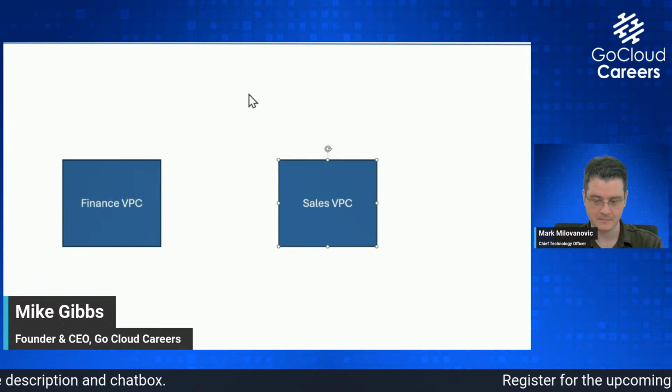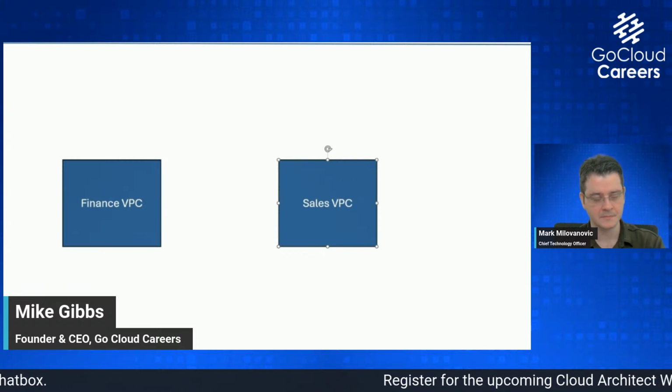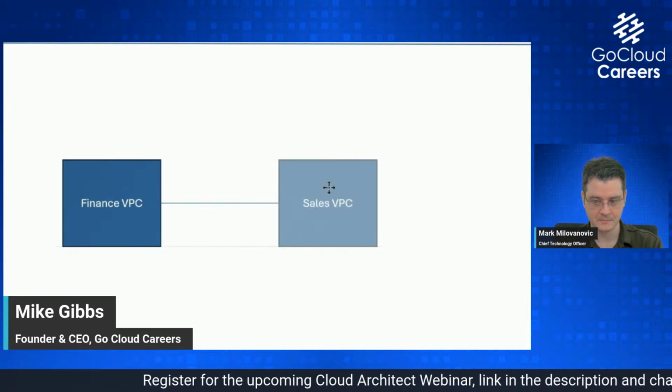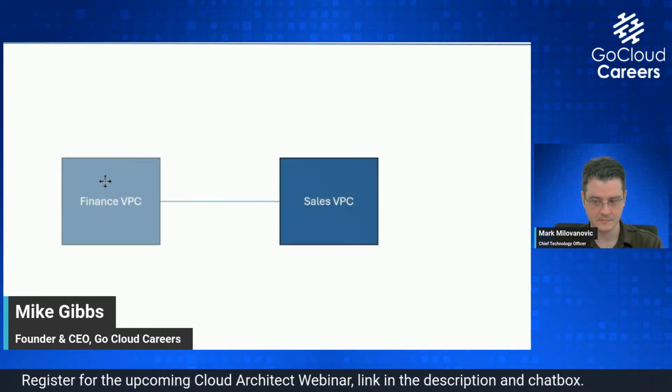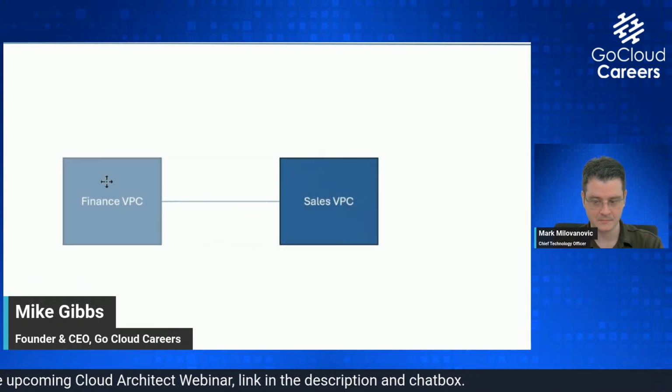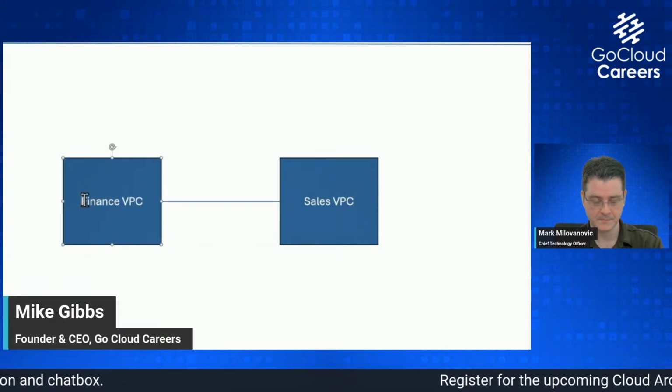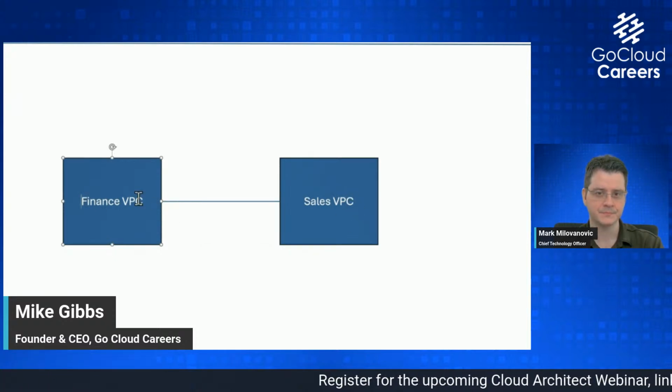Pretty secure, huh? Now, all of a sudden, I enable VPC peering between them. And now whatever information I allow between the sales VPC and the finance VPC can be shared among them. If I get this wrong, people in sales can access everything in finance. If I get it wrong, people in finance can access everything in sales.